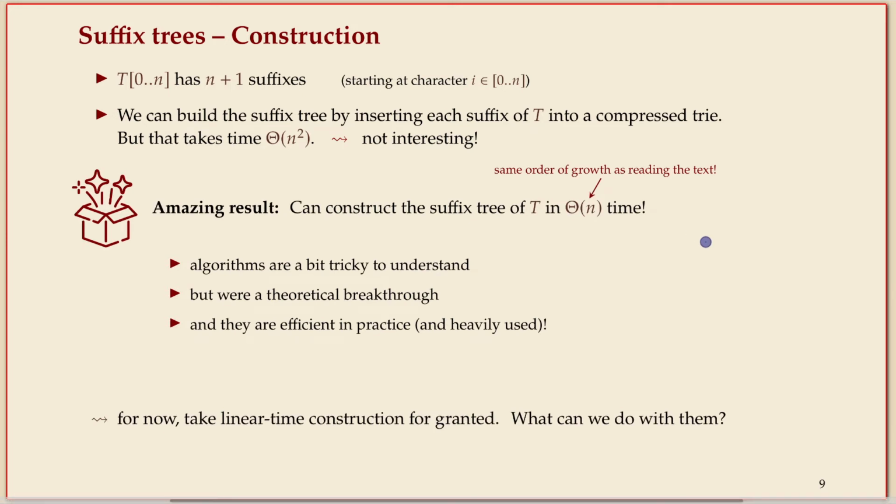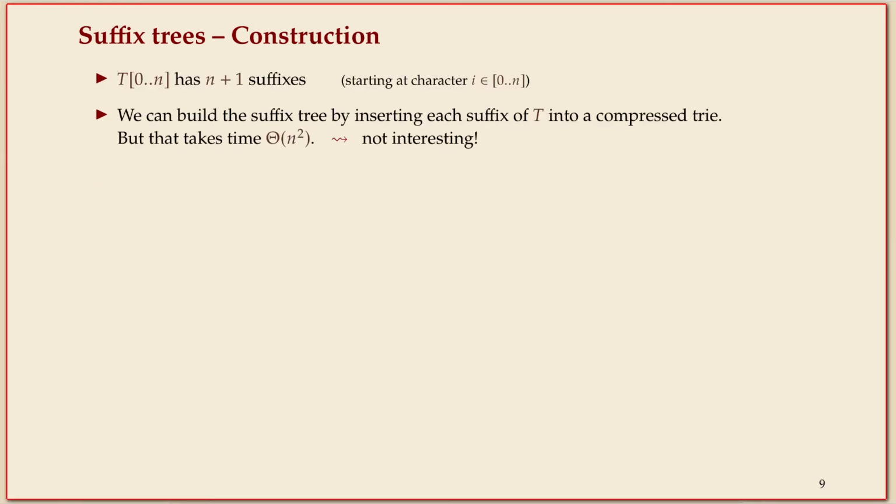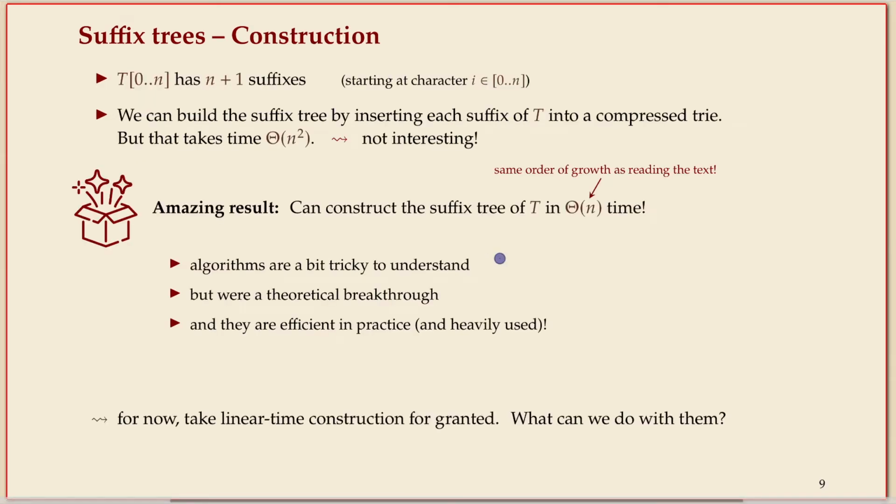And for now, we'll just leave it as a magic black box. The amazing result that we'll eventually come back to is you can construct a suffix tree in linear time. You're given the string, and there's a magic procedure that spits out this thing without a lot of effort. It's a little tricky to go into the details, but we'll build up to this.